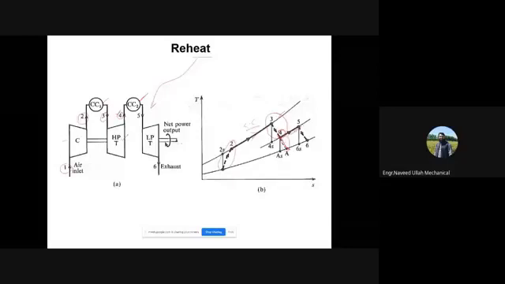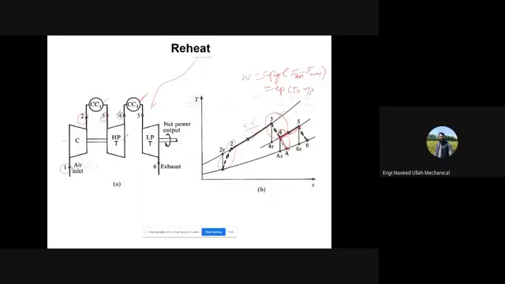ठीक है, and you know very well that your work is Cp of gas times the maximum temperature minus the minimum temperature. If you are not using the reheat, this will be your Cp times T4 minus TA.